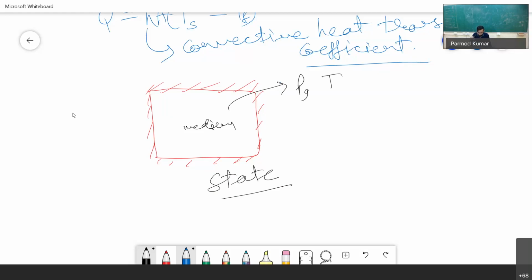This system state will only be defined if it is in thermodynamic equilibrium. If it is in thermodynamic equilibrium, there will not be any process happening within the system, so at each and every point of time it will remain at the same state.